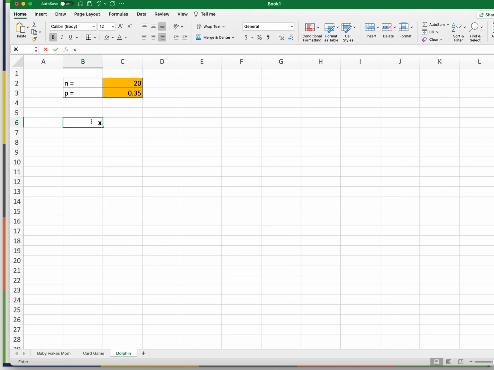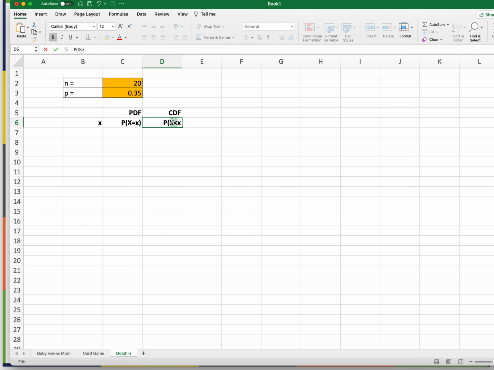So I'm going to have x. I'm going to have my PDF. I'm going to have my CDF, which is the probability of big X, the random variable, being less than or equal to little x.